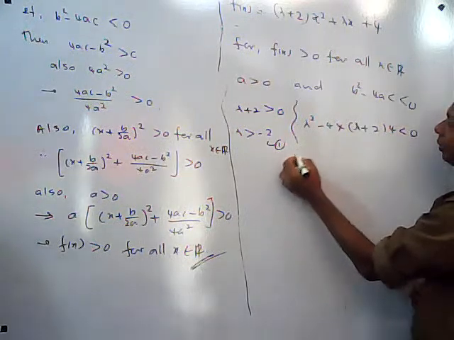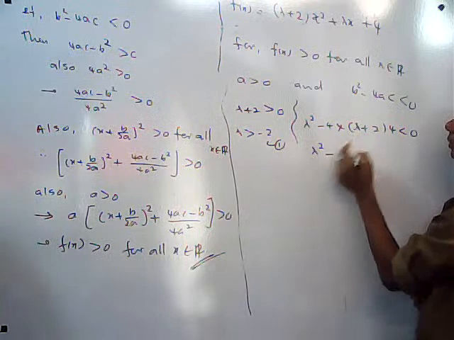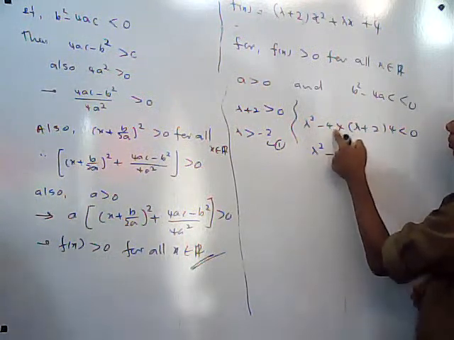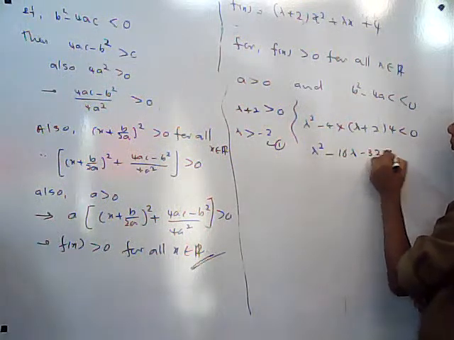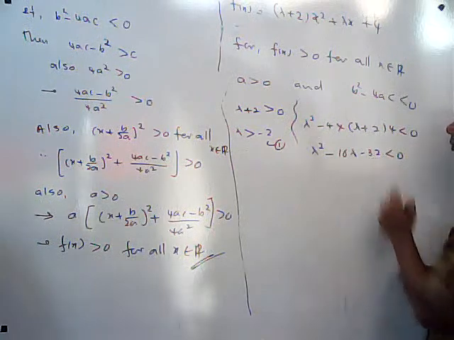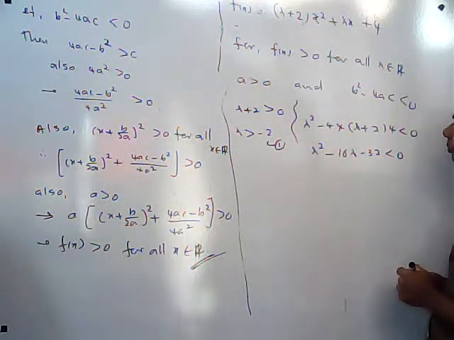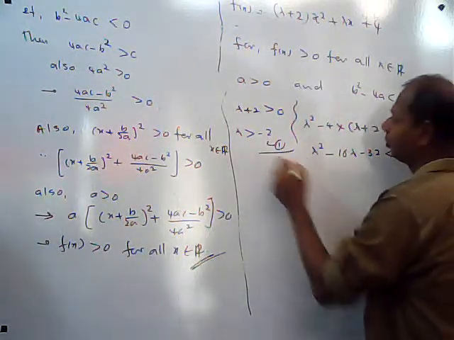Simplified, you get lambda squared minus 16 lambda minus 32. There are no factors in this, so there is no other option.